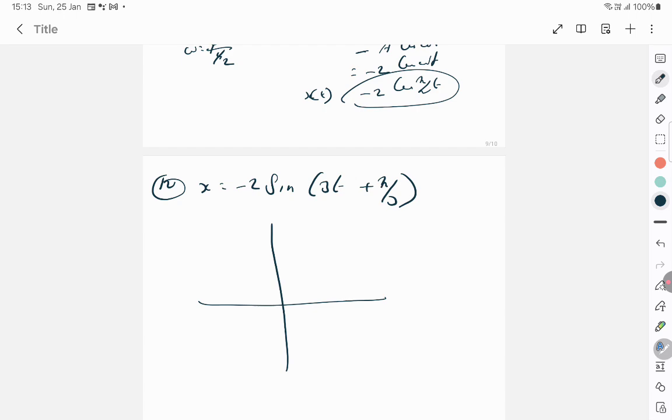In this, the initial phase is pi by 3. It's a sine graph, correct? And x is negative. So you know that this is starting from the mean position only, and the initial phase is pi by 3, which is 60 degrees.